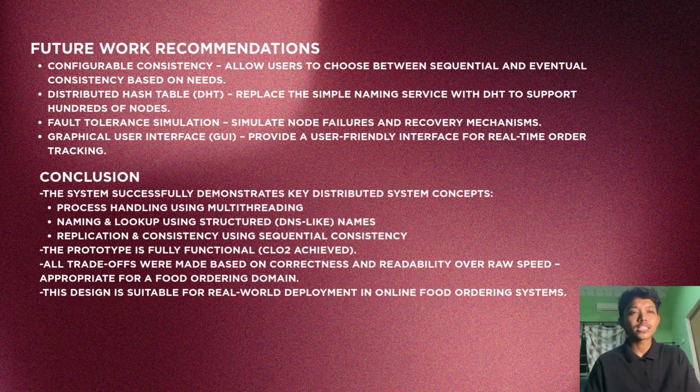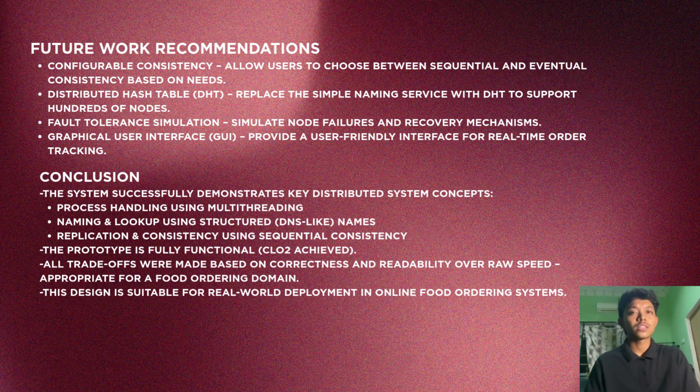Second, distributed hash table, which is DHT, to replace the simple naming service and support hundreds of nodes. Third, fault tolerance simulation, which simulates node failure and recovery mechanism. Lastly, graphical user interface, which is GUI, to provide a user-friendly screen for real-time order tracking.